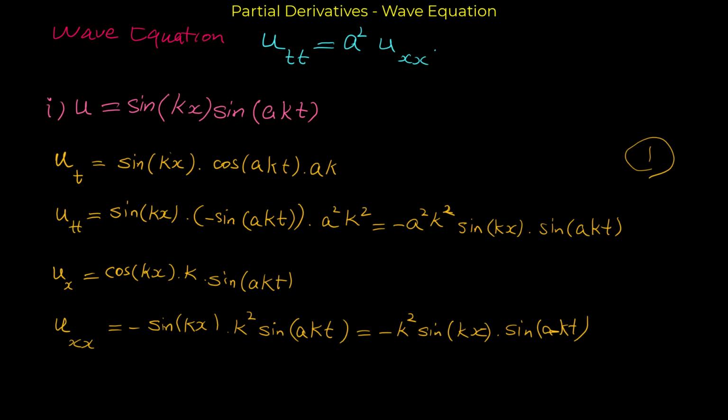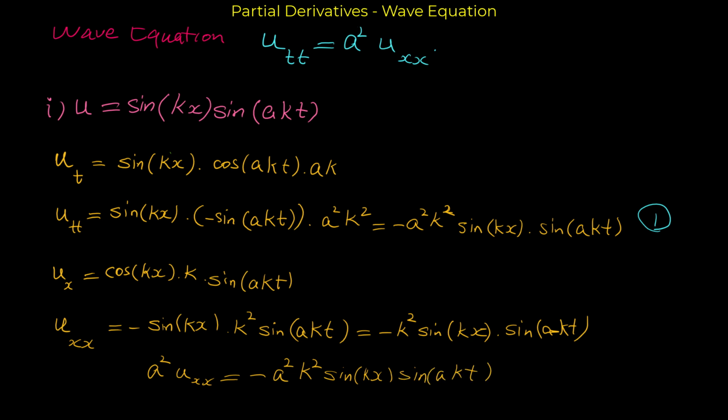So we are going to multiply uxx, which is this, by a to the 2 to finish our solution. Let me name this relation 1, and I am going to multiply uxx with a to the 2. A to the 2 times uxx would be negative a2k2 sine of kx sine of akt.